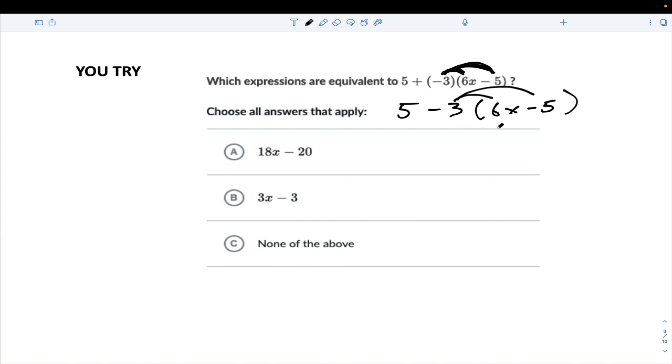Give me a 1, 2, or 3. 1 for A, 2 for B, 3 for C. Show me your answer. 1, 2, 3.